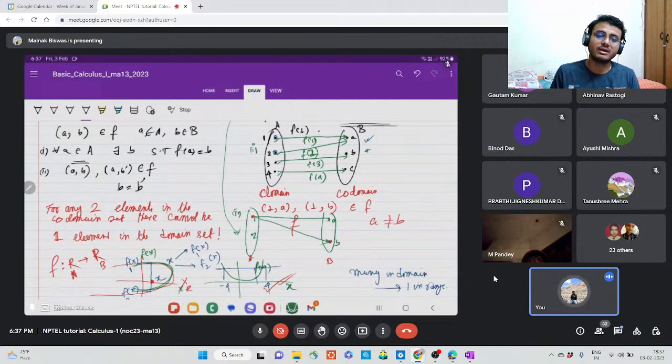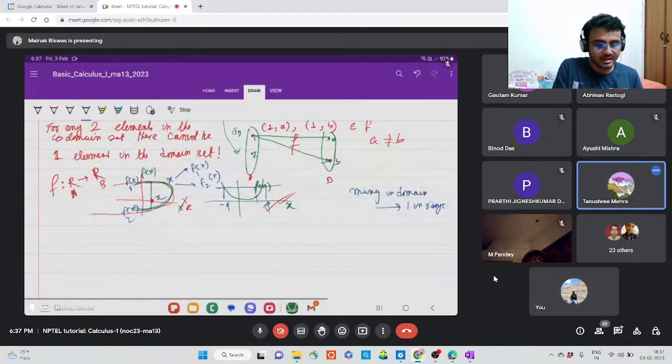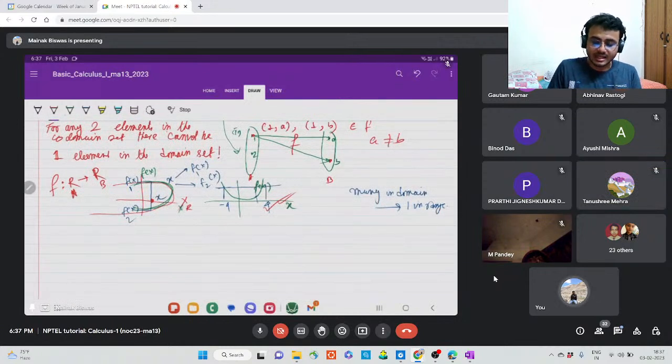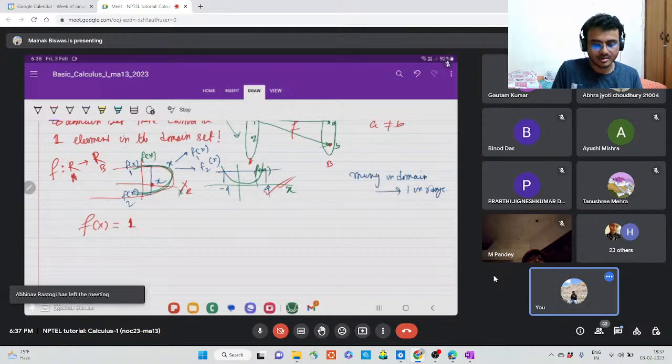You can have an infinite number of points in a domain mapped to the same value. I'll give you an example for that. So is this reasoning clear? Why is the first one not a function and the second one a function? Yes, sir. Clear. Great. So you see, I'll give you an example where an infinite number of points map to the same value. For example, f of x is equal to 1. Is this a function?